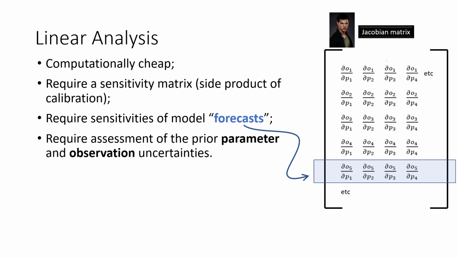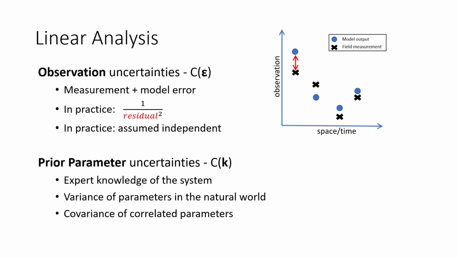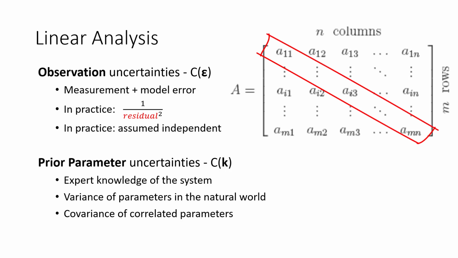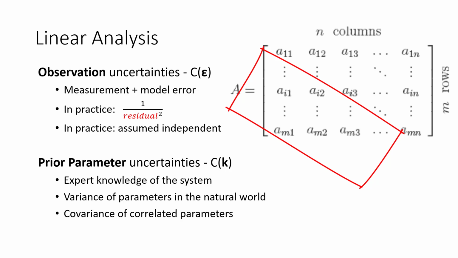Along with sensitivities, these methods require a modeler to provide an assessment of the prior parameter probabilities, as well as the observation uncertainty. Both observation and parameter uncertainties are expressed through covariance matrices. These are matrices whose diagonal elements contain the variance of each observation or parameter. The off-diagonal elements contain the covariance between combinations of observations and/or parameters.